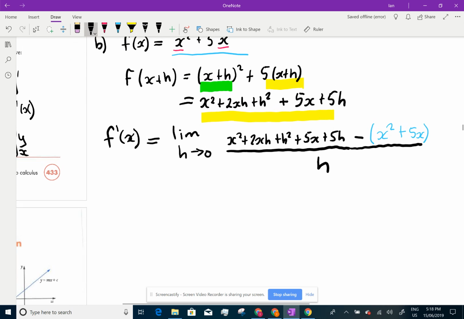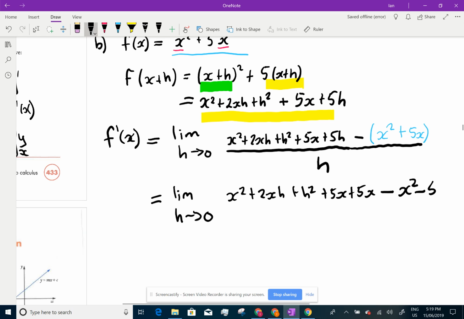All right, now it's just a little bit of algebra. The limit as h approaches 0 of x squared plus 2xh plus h squared plus 5x plus 5h minus x squared minus 5x.